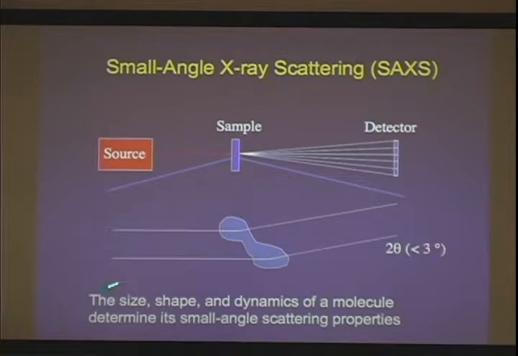So the basic information that you get from small angle scattering is size and shape, but we also get dynamic information, because when we shine X-rays on our samples, we are sampling all the conformers that are present there.